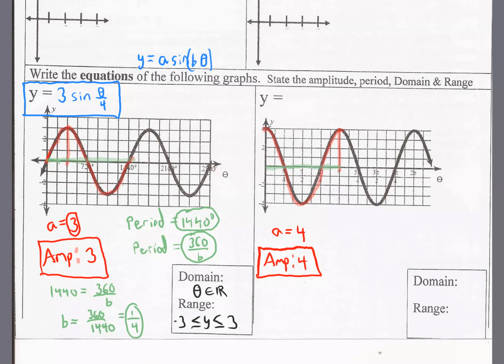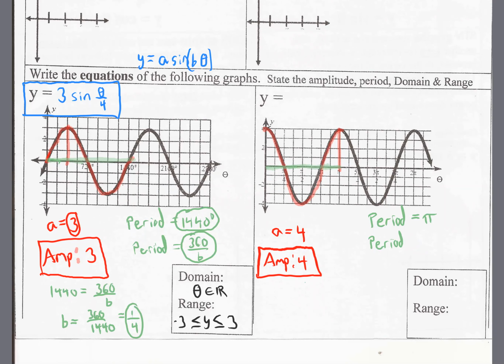So this one, there's no degree symbol, so that's how you know you're working in radians. You can look at how the horizontal axis is labeled to determine if you're in radians or degrees. So this one's in radians. When you're in radians, the formula for period is 2 pi over b. So if the period equals this and the period also equals this, I can set these two things equal to each other.